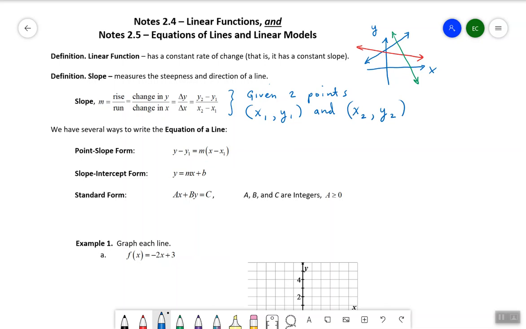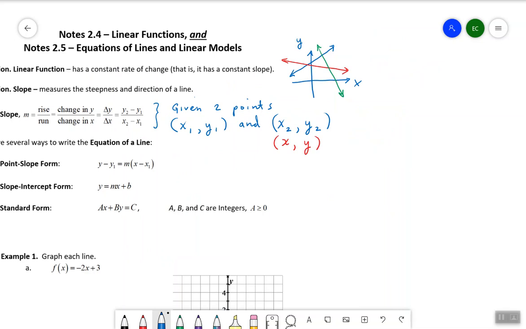In order to get the equation of a line, we want to hold this first point fixed. We want to think of it as a particular point on the line. And then this second point can move. It can be anywhere else on the line. Instead of calling it x2, y2, which sounds like a particular point, we're going to call it x and y to make it sound like an arbitrary point, a point that can move along the line.